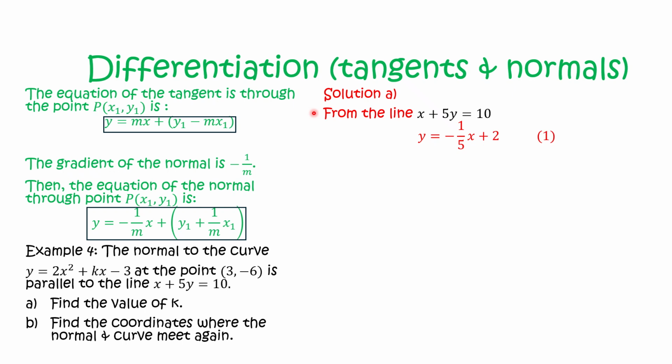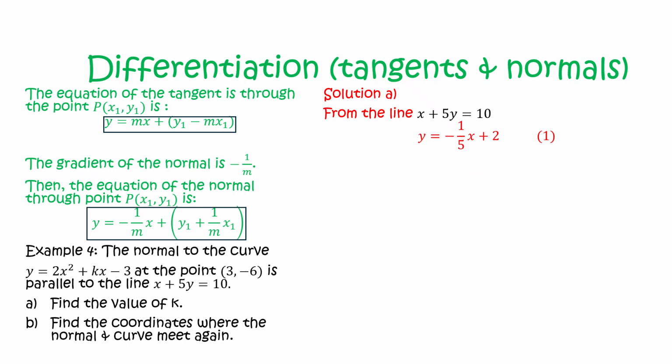The solution. For part A, from the line that we're given, x + 5y = 10, if we rearrange by making y the subject of the formula, we get y = -1/5 x + 2. Let's label this equation 1 for ease of reference.